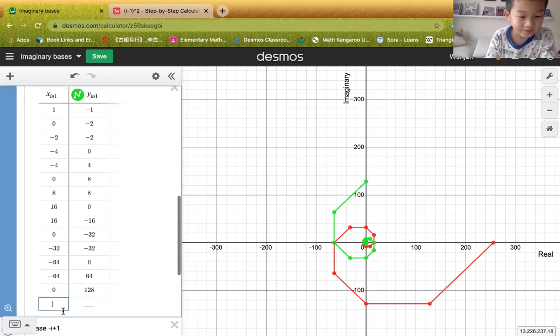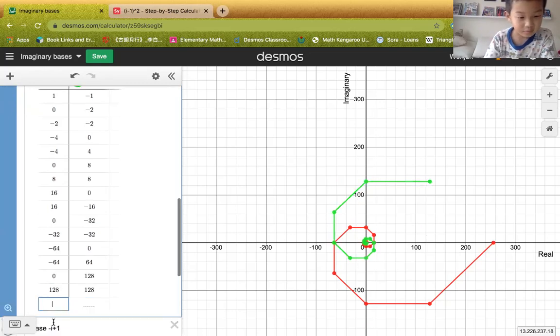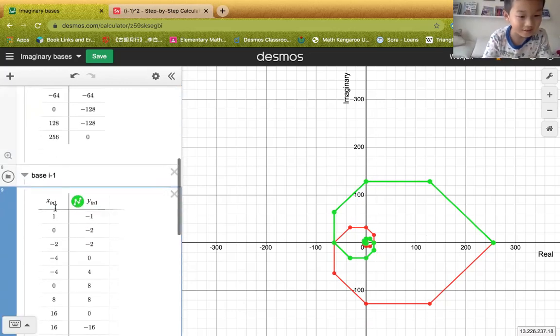You win a lot of money. 128, 128, 256, 0. Yeah, if we look at it from the side, it looks like a heart. But then there's that silly little circle thingy in the middle. And if we look at the other side, it also looks like a heart.